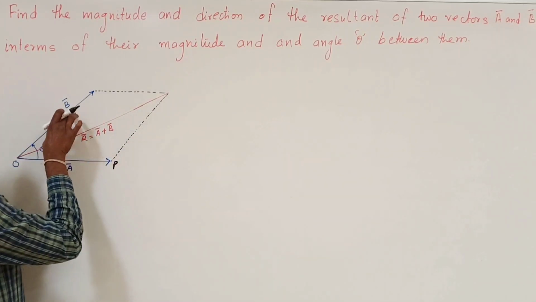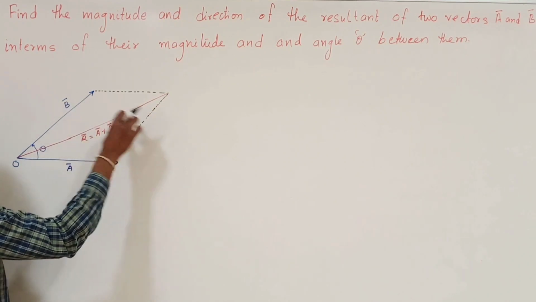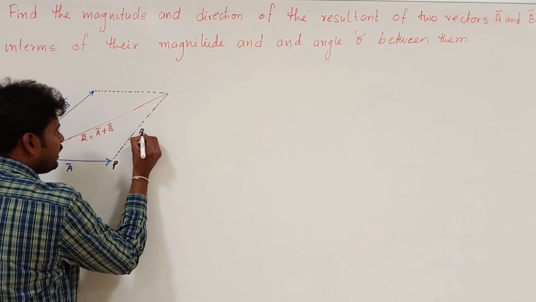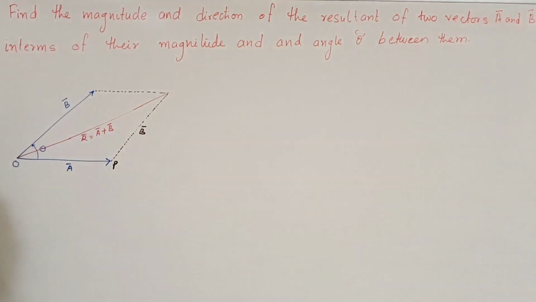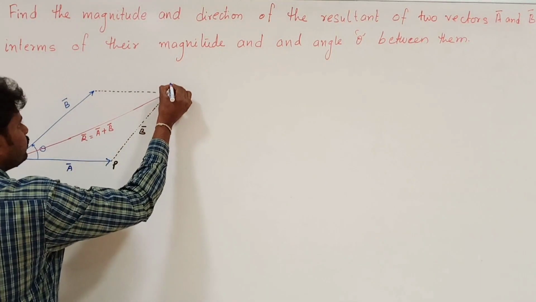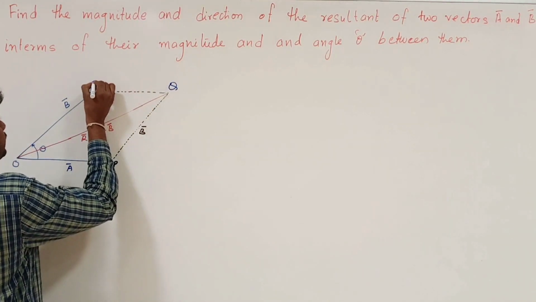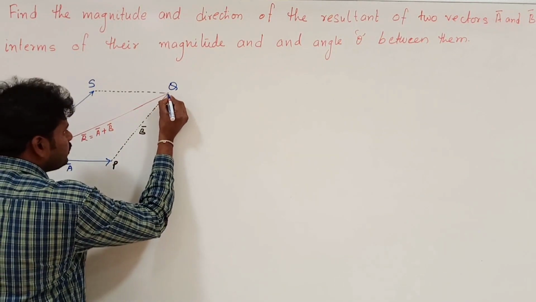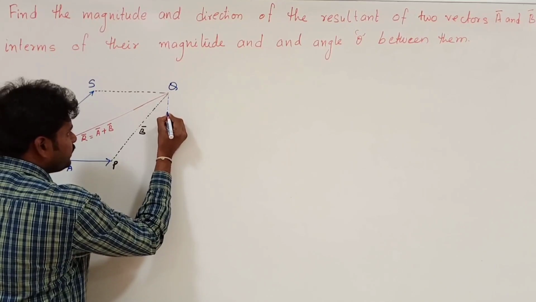Right. So, these opposite sides are parallel, these are parallel. So, this is also vector B. Now, O, P, Q, S. Now, I will draw a normal to the x-axis with dotted lines.